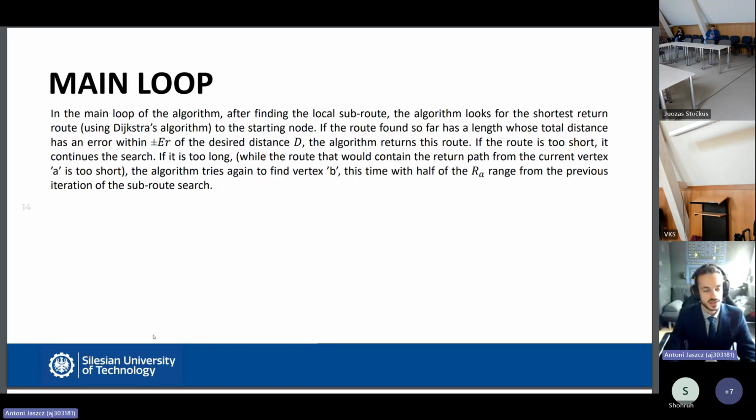And in the main loop of the algorithm, we iterate through consecutive subroutes, and after finding each one, we check if we need to basically go back to the starting point if the length of the total route is, for example, too long.